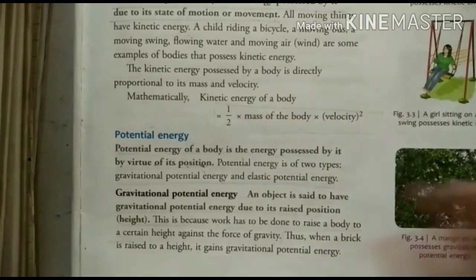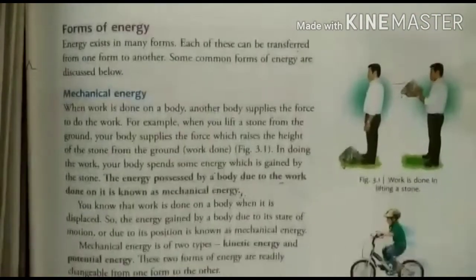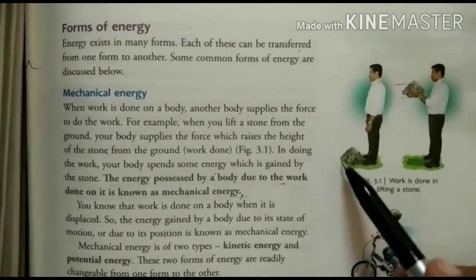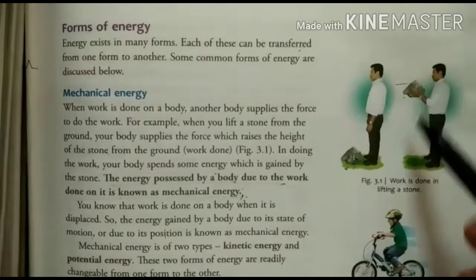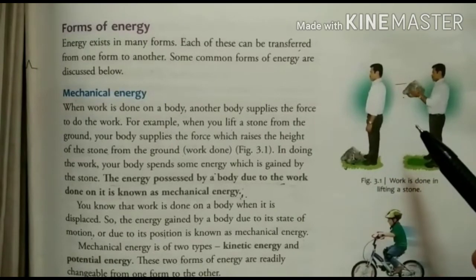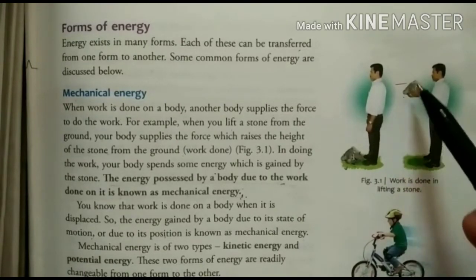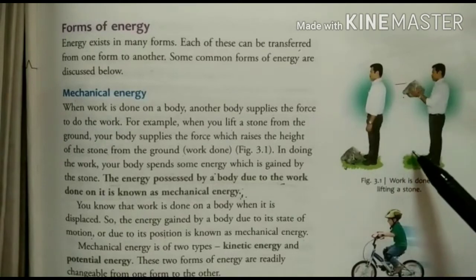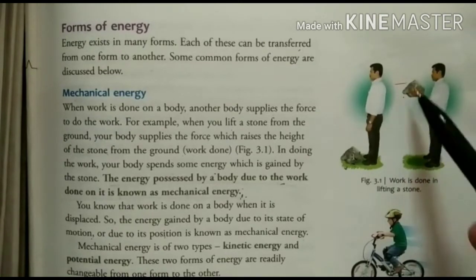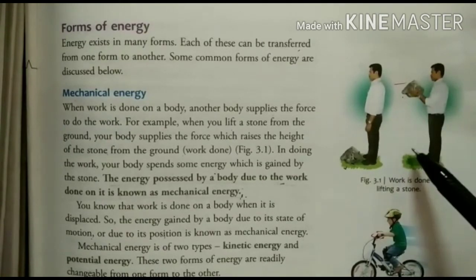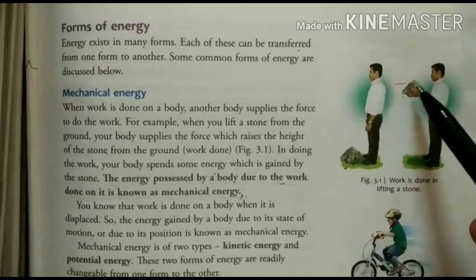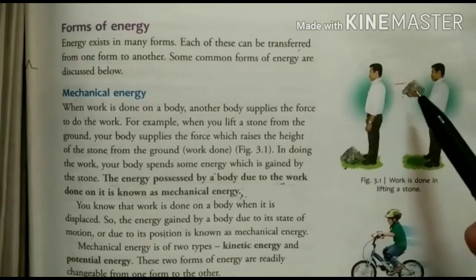So when work has to be done to raise a body against the force of gravity, that is called gravitational potential energy. In this example you can see that this stone is lifted upwards, means work is done here, but that work is against the force of gravity. The force of gravity is in the downward direction, but the stone is raised upwards, means it is at a certain height.